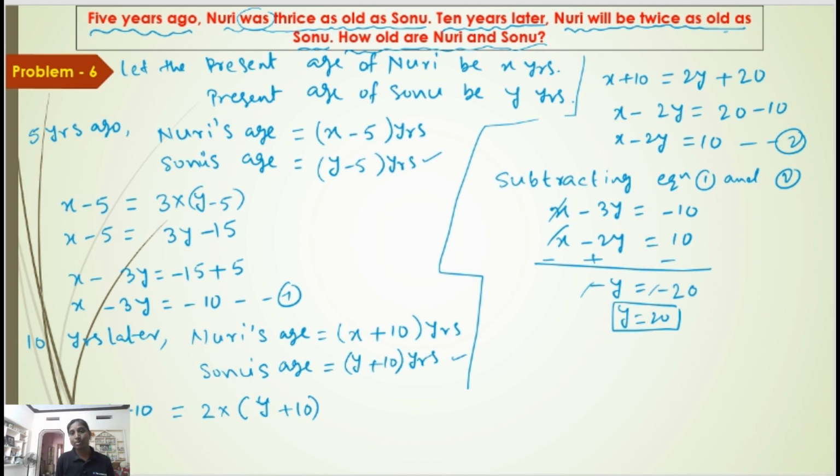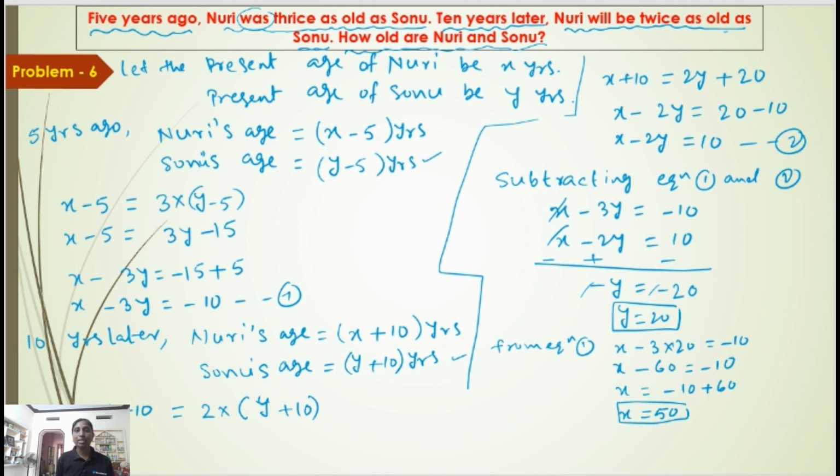Now from equation number 1, we can get the value of x. x minus 3y is equal to minus 10. x minus 3 into 20 is equal to minus 10. It means x minus 60 is equal to minus 10. So x is equal to minus 10 plus 60. x is equal to 50.